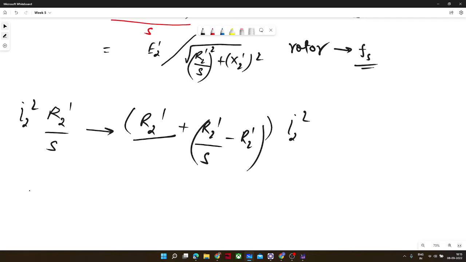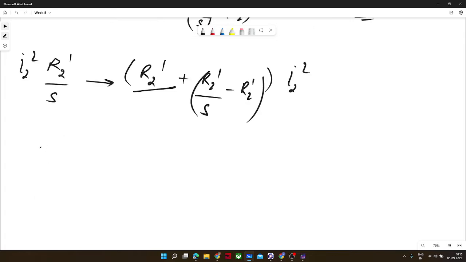Okay. So after air gap power, there is some flow of power. I think I should draw that as well. Some input power would be supplied from the stator side, some stator core loss, stator copper loss would be there. Then it will reach the air gap.